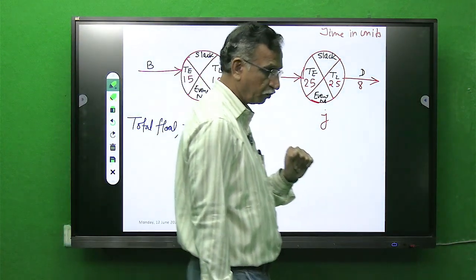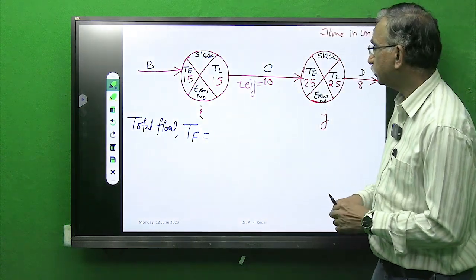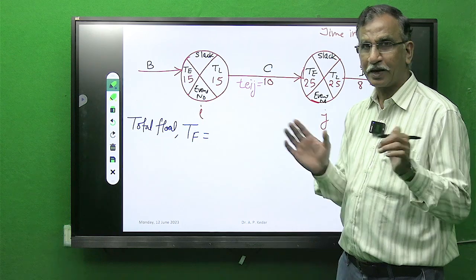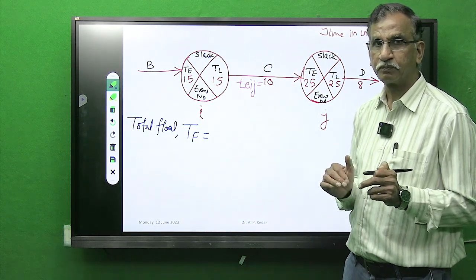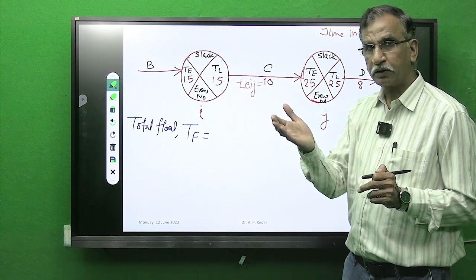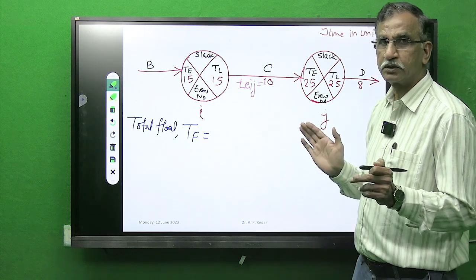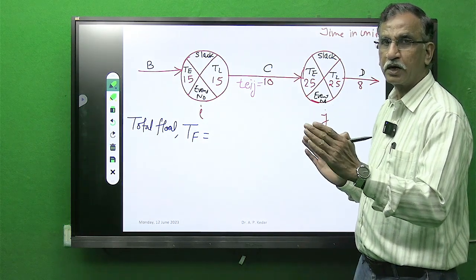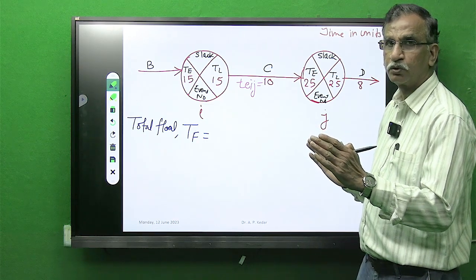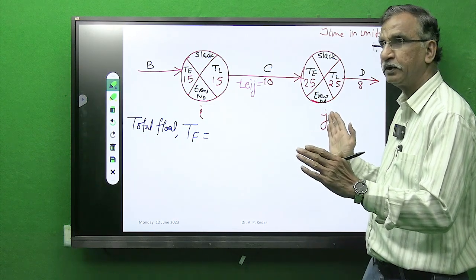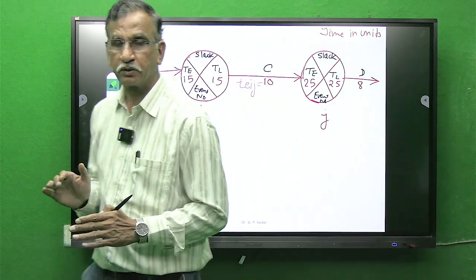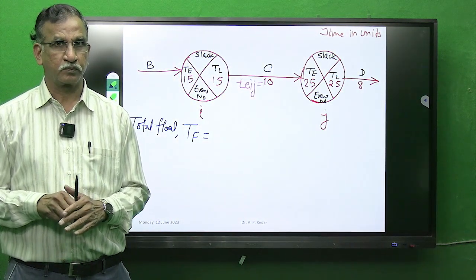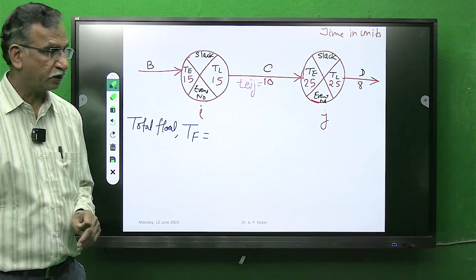How? See, important. Now, total float is the gap available. If at all total float exists, it is the gap available between the earliest start of the activity and the latest completion of the activity, minus the activity time duration. See here what I am saying.